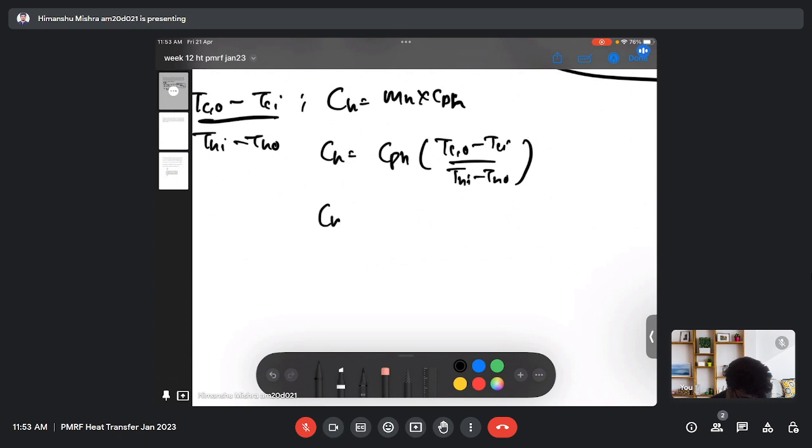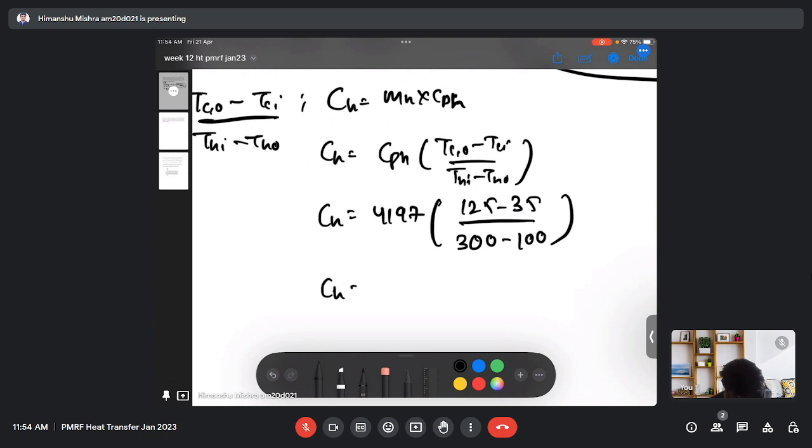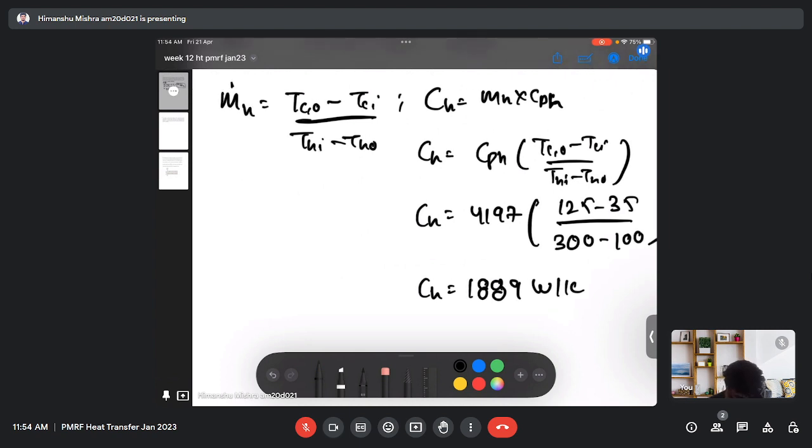This is my heat capacity of the hot fluid, which uses my outlet cold, inlet cold, my inlet hot, and my outlet hot. So my heat capacity of the hot fluid will be 1889 watt per Kelvin. And for the cold fluid, it was 4197.